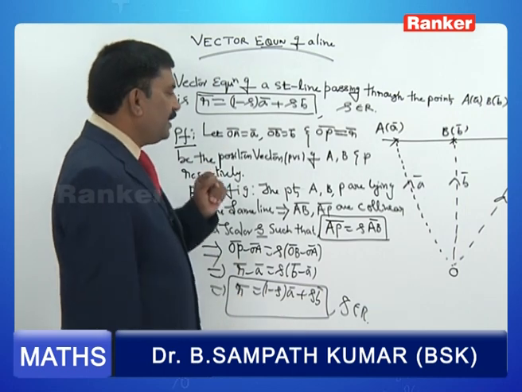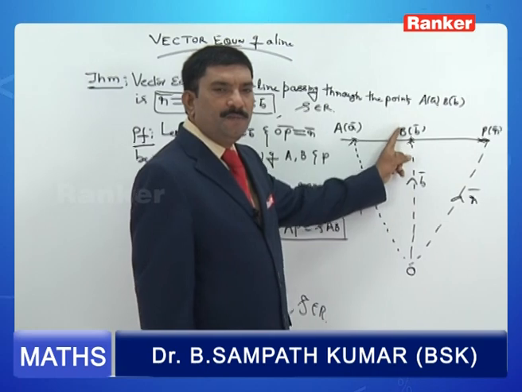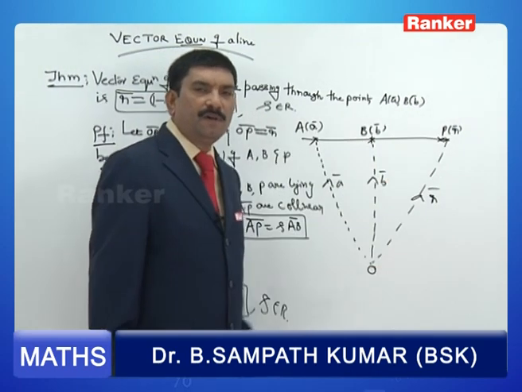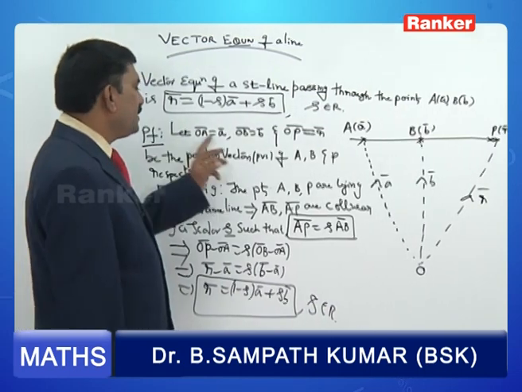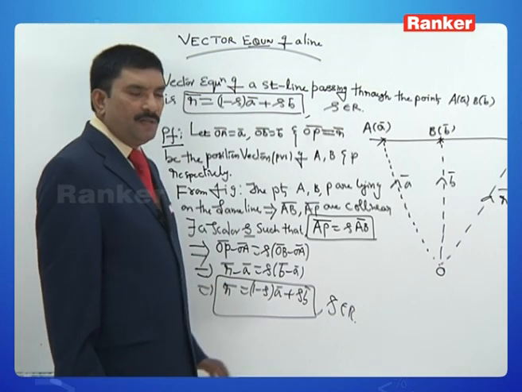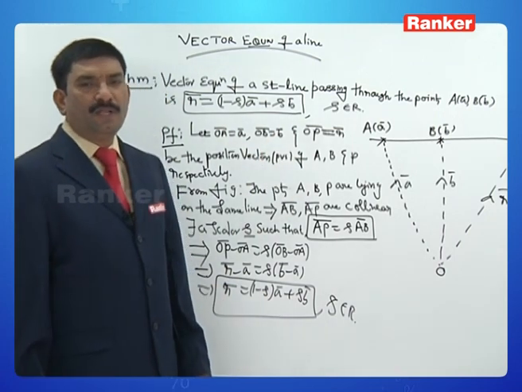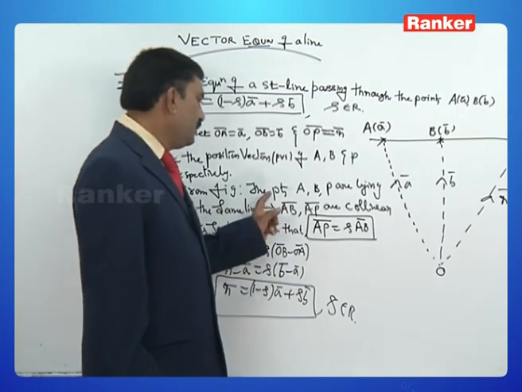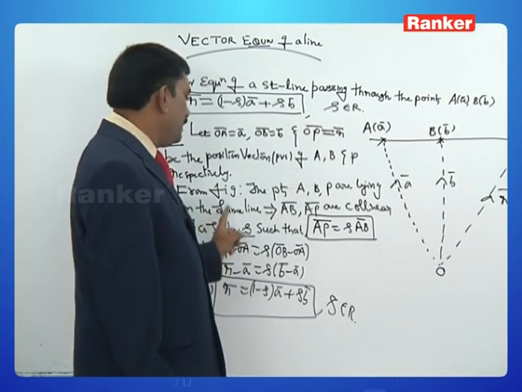So now once again, let OA bar is equal to A bar, OB bar is equal to B bar, OP bar is equal to R bar, where P is a general point on the line. So therefore, these are the position vectors of capital A, B and P respectively. From the figure, you can very well observe the points A, B, P are lying on the same line.